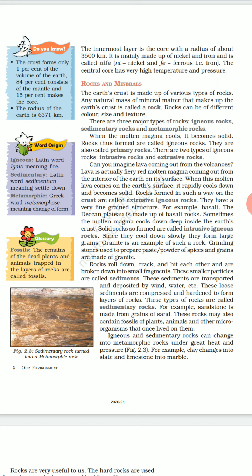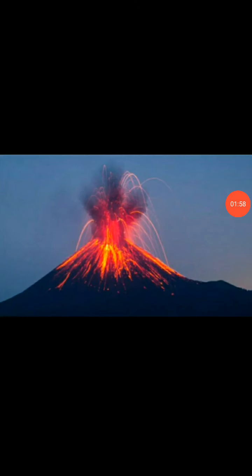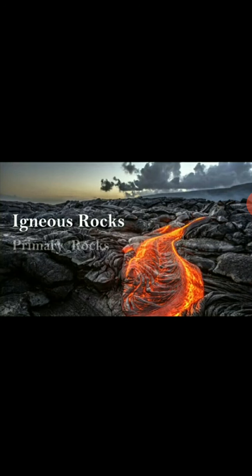See in this picture, I am showing you one picture. When that molten magma comes out and cools down, at that time the igneous rocks are formed, and these igneous rocks we can also call the primary rocks.